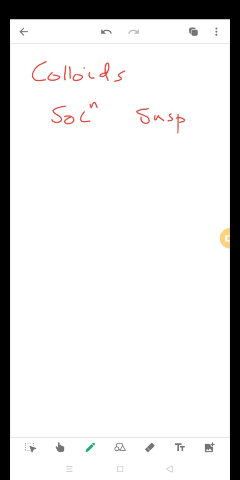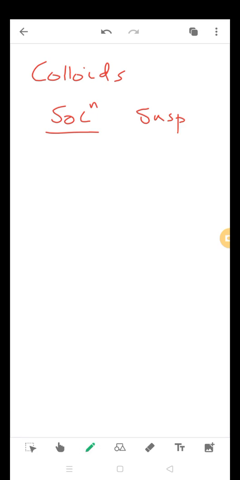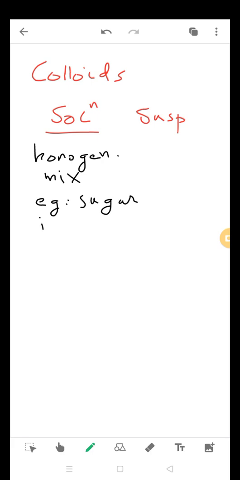You can define a solution as a homogeneous mixture, for example, sugar in water, whereas you can define a suspension as a heterogeneous mixture.